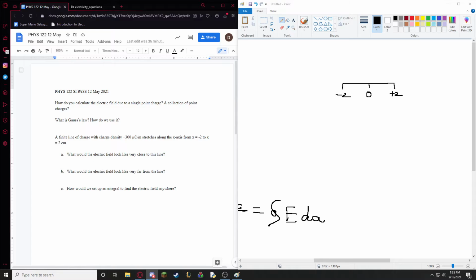All right, so we have our finite line of charge. What is our electric field going to look like when we're very close to the line of charge? Let's say right about here, for example.